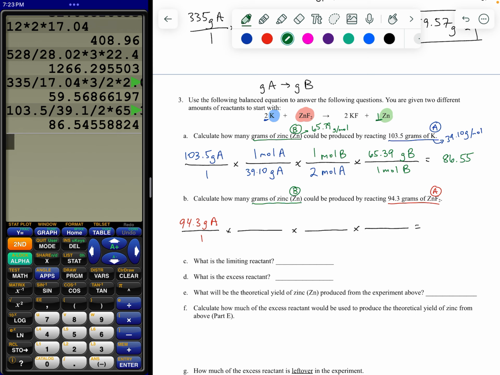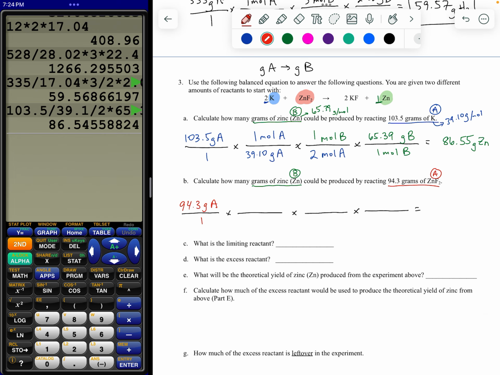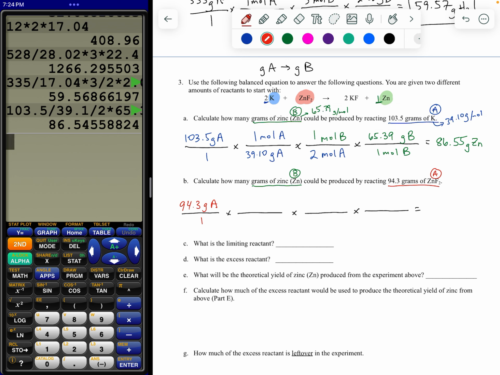We'll do 5, round that up, and that is grams of, of course, zinc, right? So there's one value. But now we have to do this again, because we also have to identify how much zinc would we now produce if all of this zinc fluoride reacts. And we have to compare, because we're only going to be able to make one of these amounts.